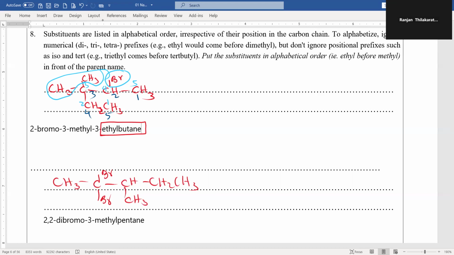Therefore, the name must be like this. 1, 2, 3, 4, 5, then 2 bromo, 3, 3 dimethyl, and then pentane.